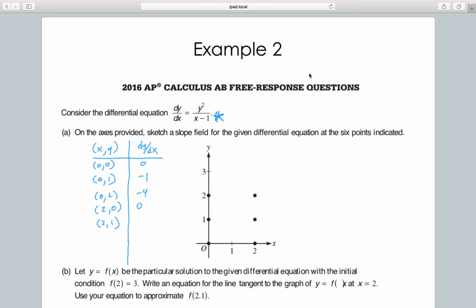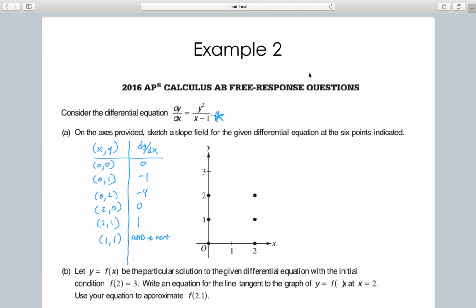So, oh boy, 1 squared over 2 minus 1. So that's 1. Oh, and I skipped 1, 1. Which is going to be 1 squared over 1 minus 1, which is undefined, which is going to give us a vertical slope there.